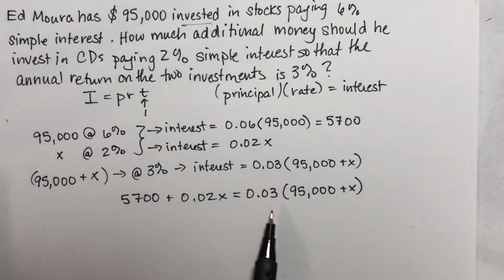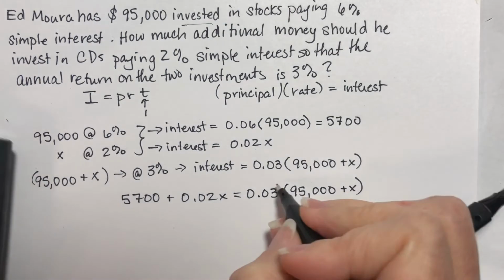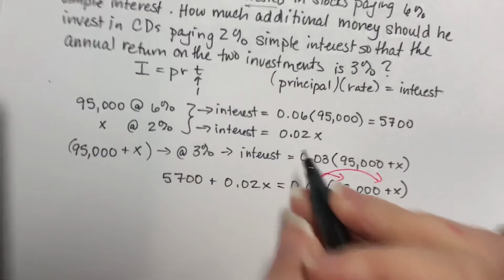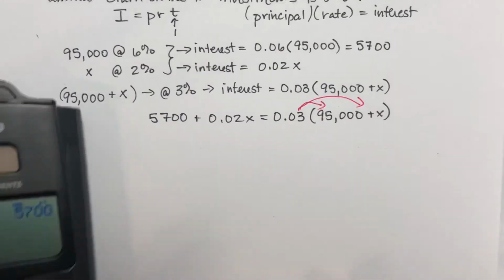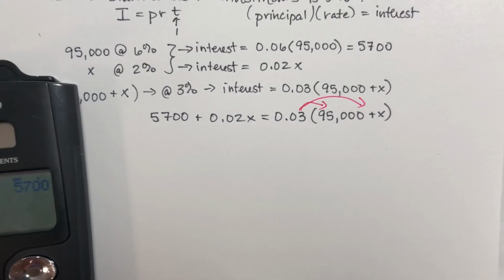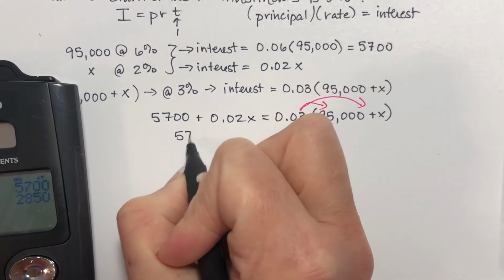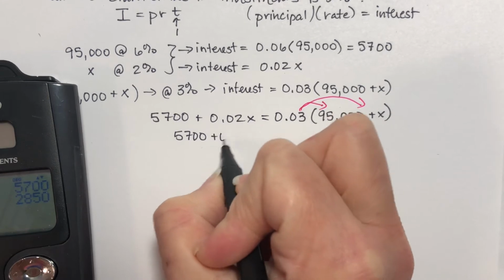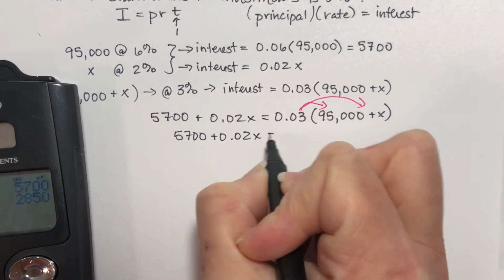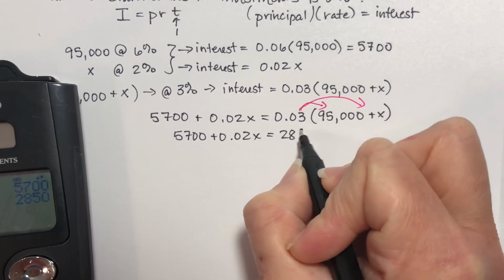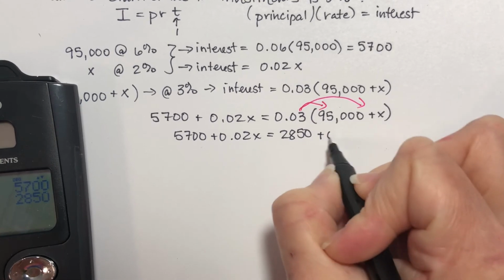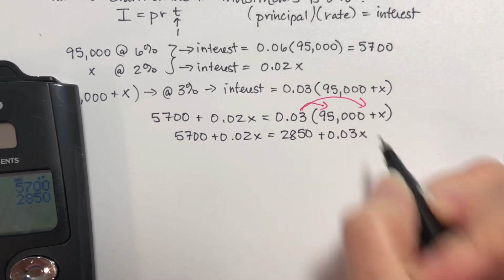Okay, so I need to distribute here. Okay, and 0.03 times 95,000 is 2850. So 5,700 plus 0.02x is equal to 2850 plus 0.03x.